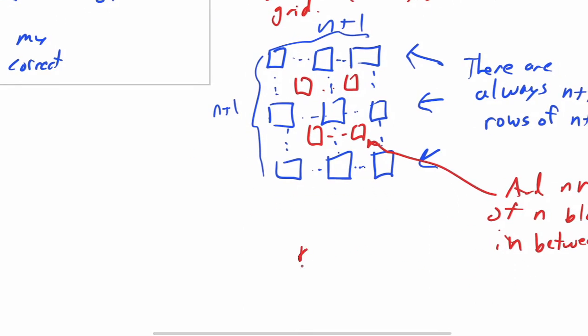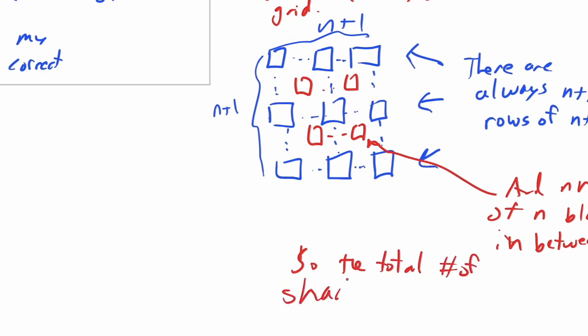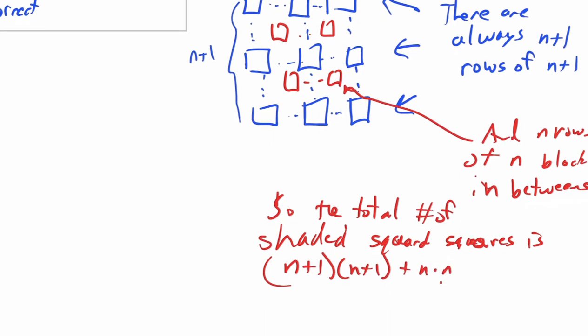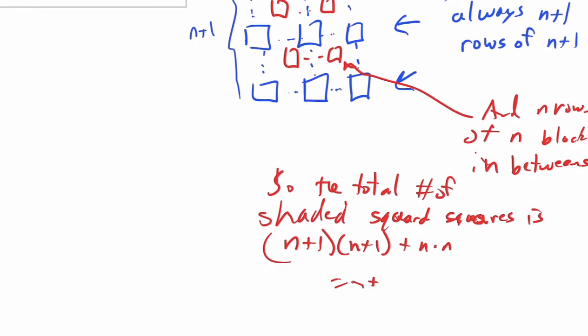Okay, so the total number of shaded squares is n plus 1 times n plus 1 plus n times n, which equals n plus 1 squared plus n squared.